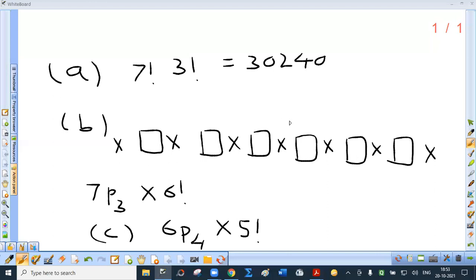B part. Now just draw this. You need not use pencil. Just this much.